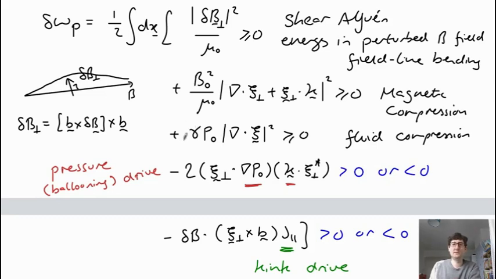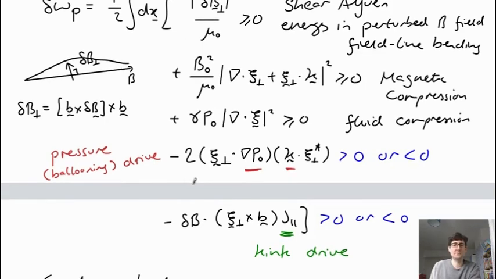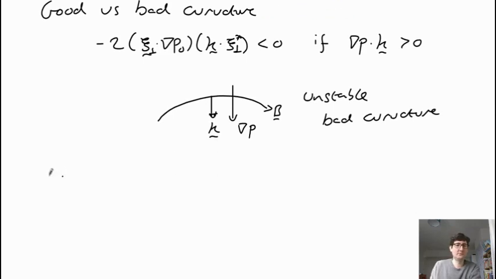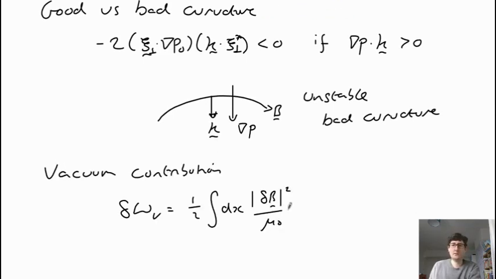So there's no pressure, that goes zero, and so all the components of this go to zero except this first part. And so the vacuum contribution, which is just delta W, is just the total energy in the perturbed magnetic field. And so this is the vacuum magnetic field energy.